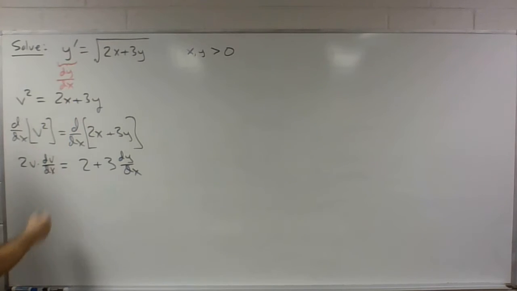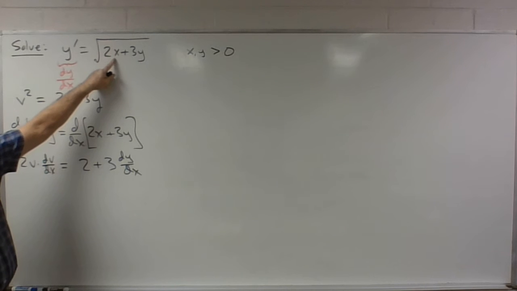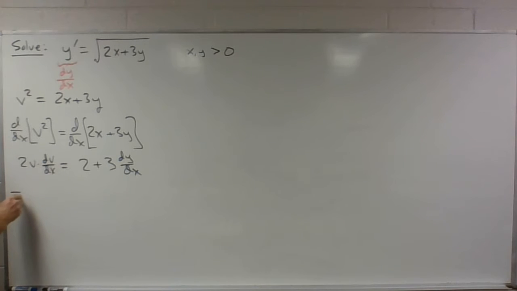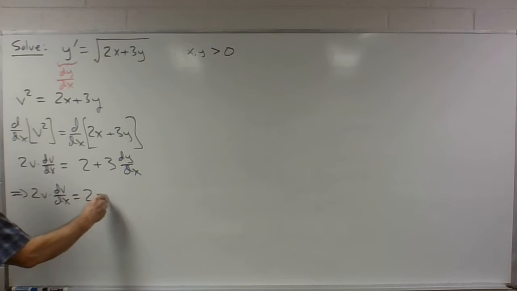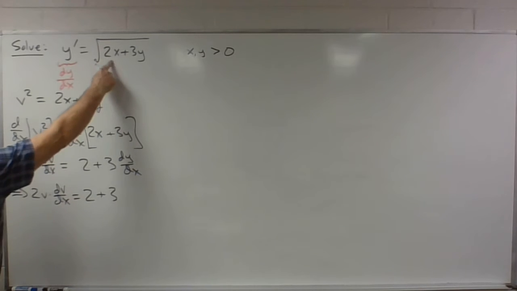That's what this is. So dy dx, that's square root of 2x plus 3y. And I'm going to make that substitution, and I'll tell you why. Dy dx, that's this thing.